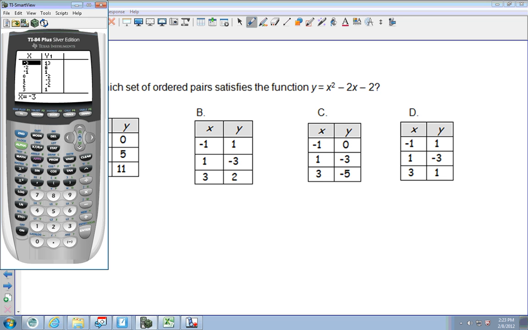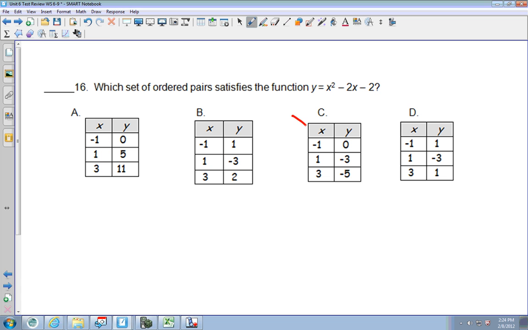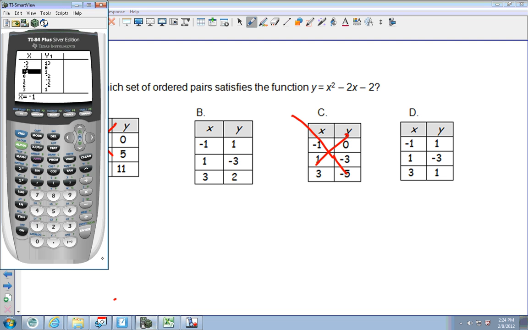Let's start with -1 here. I've got -1, 1. Well, it's not -1, 0. Let's see, I've got 1, -3 on both of them. What about 3? This one says 3, 1. So it matches with D.